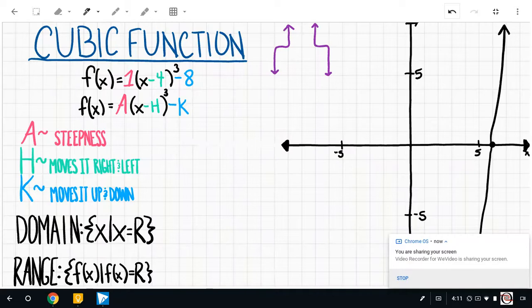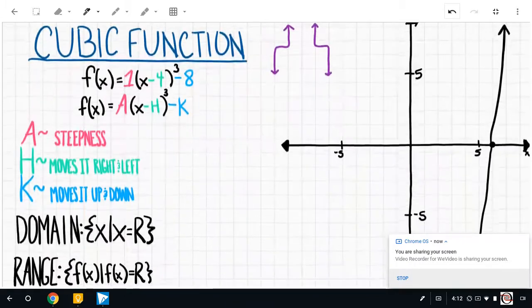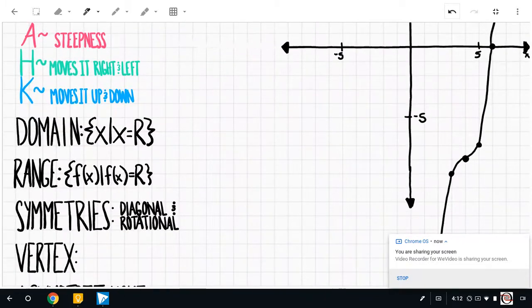And then k is outside the parentheses, and it's going to move it up and down. If it's negative, it's going to be moved down, and if it's positive, it'll be moved up, by that many spaces. You can see that on your graph, because it's the vertex that's being moved around.